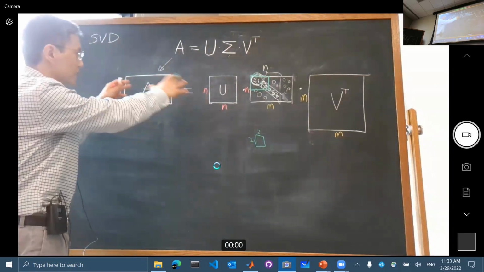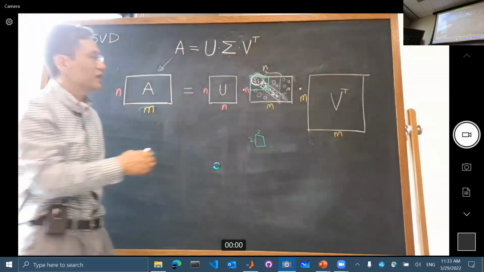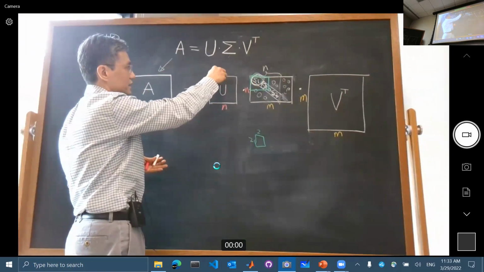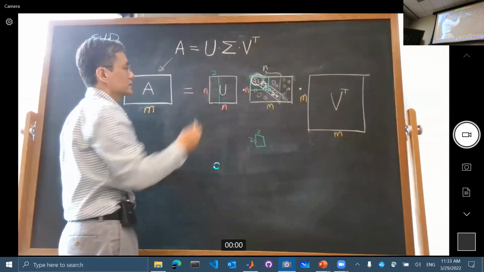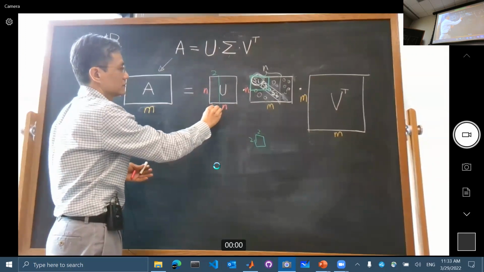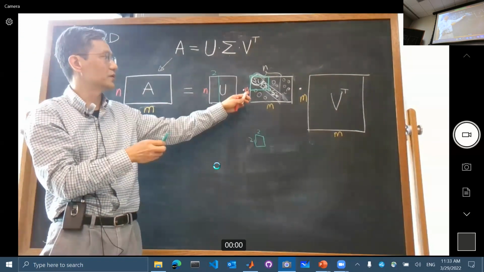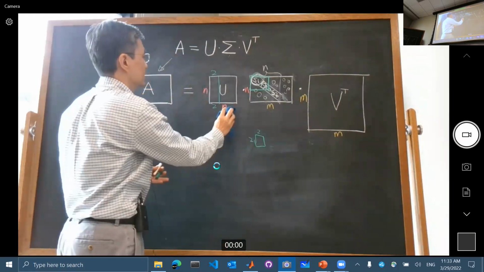To approximate the whole matrix, if I decide to use 2 by 2 here, then I have to cut this part into n by 2, because I want to make the multiplication possible. So I will get rid of this part.